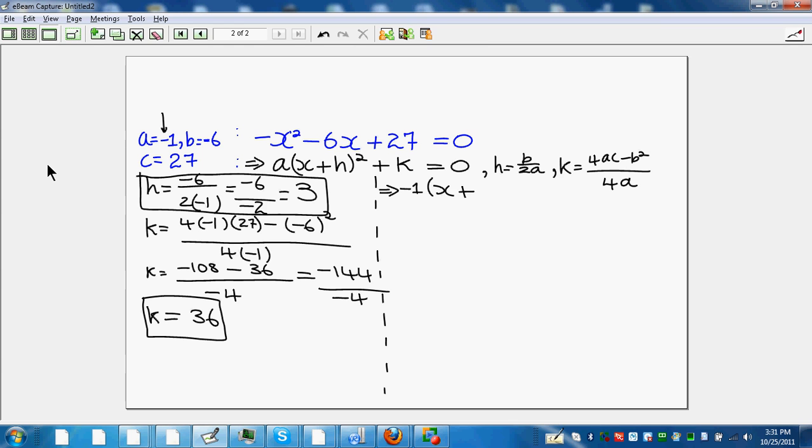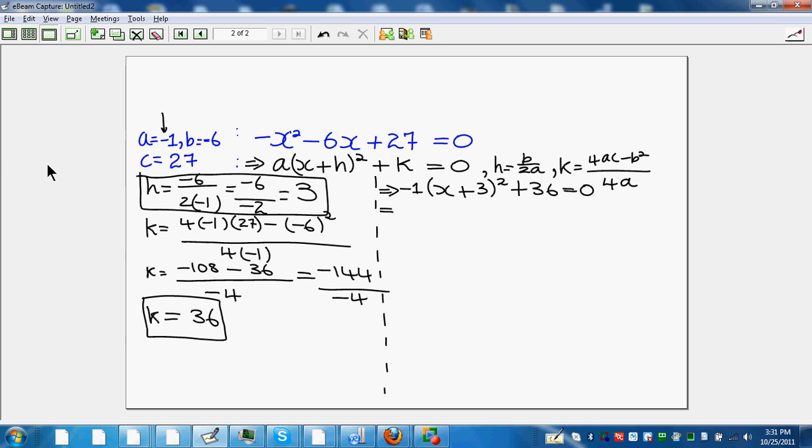What is h? We know h is 3. Squared plus k. Plus k is plus 36. So therefore that's the required format, and we put it equal to 0 now.